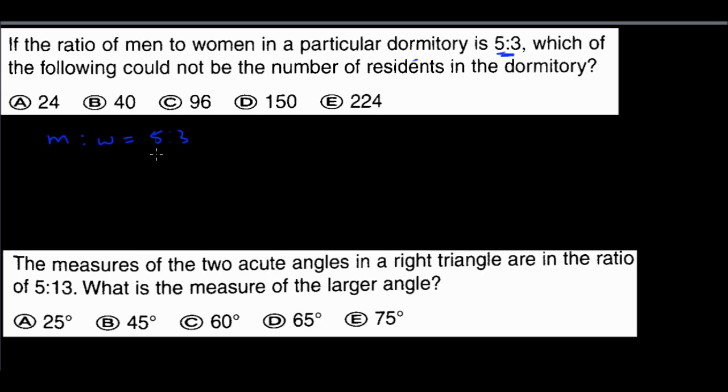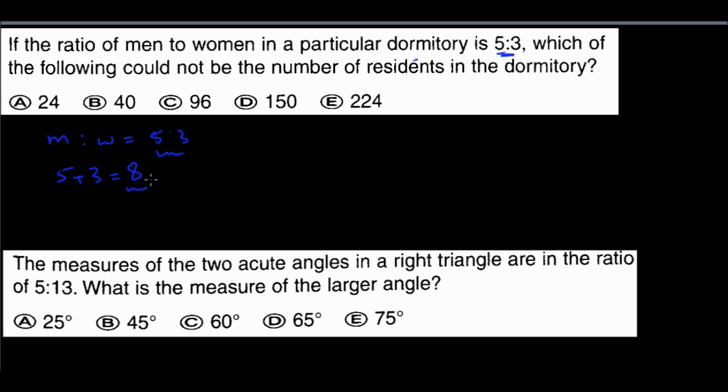So first is basically you take your ratio numbers, so 5 and 3 in this case, and you add them up. You get 8 in this case. So 8 is like the total, it represents in a way the total number of men and women in the dormitory, but it's not actually the number of men and women, right? In fact, what happens is that the actual number would be a multiple of this number.